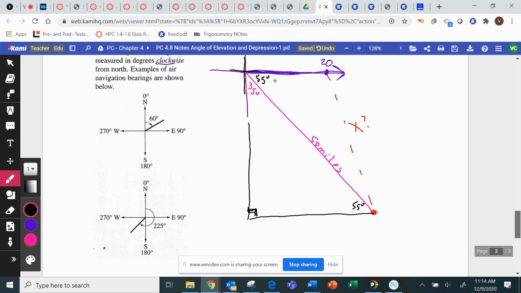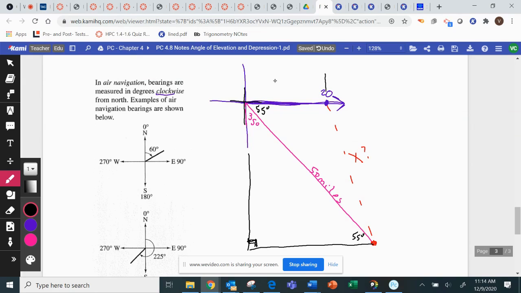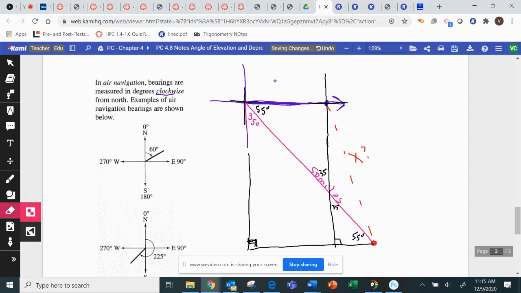I might make a compass rose here. I'll move my 20 a little bit.